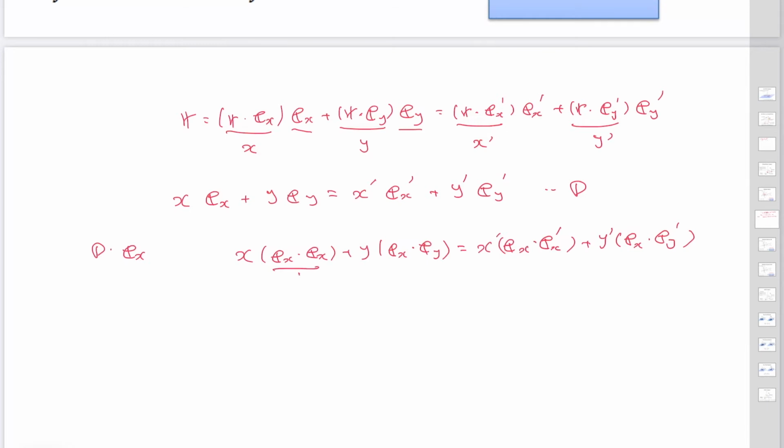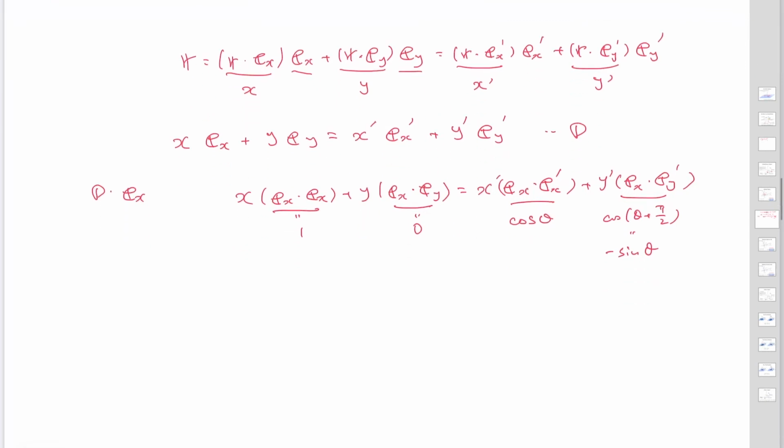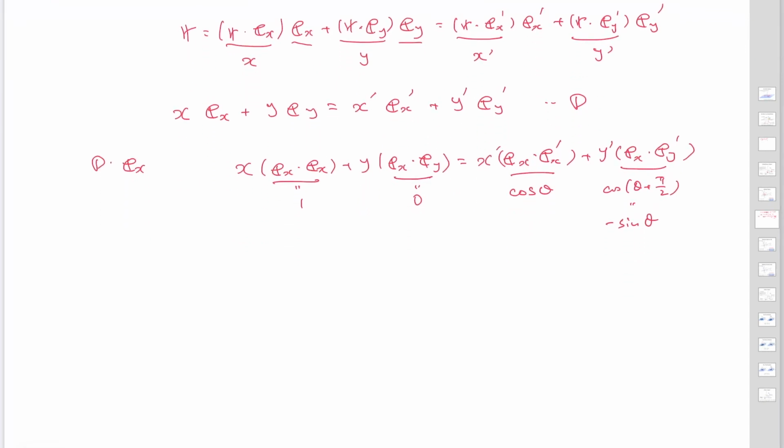This is 1, this is 0, this is cosine theta, and this is cosine of theta plus pi over 2, which is minus sine theta. So x equals cosine theta x prime minus sine theta y prime.